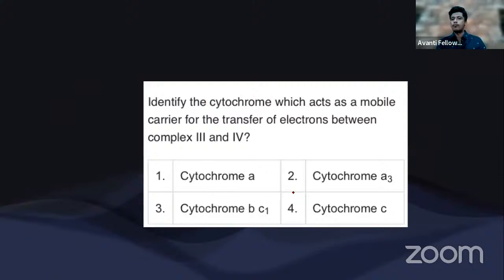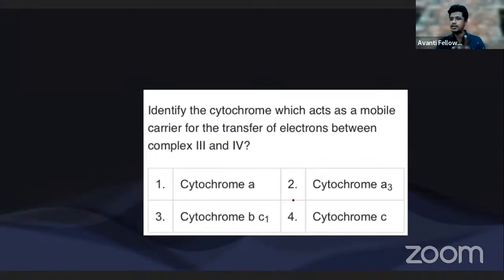Identify the cytochrome which acts as a mobile carrier for the transfer of electrons between complex 3 and complex 4. Your options are cytochrome A, cytochrome A3, cytochrome BC1, and cytochrome C. So these are your options. Let's try to answer this. All the questions look easy, isn't it?